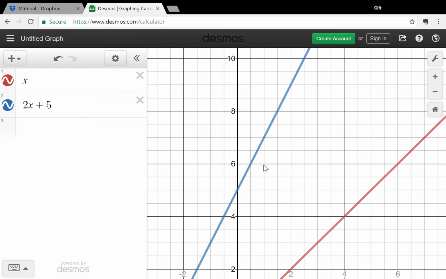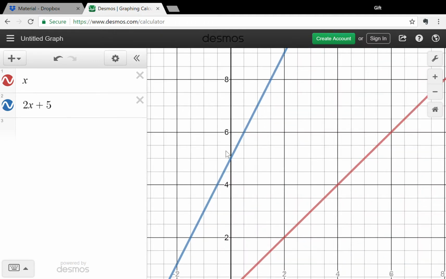You can kind of see that each time it goes up by 1, y goes up by 2. The number 5 tells you the y-intercept. That's where my graph intersects the y-axis. And again, you can see that for all the points on this line, if you multiply your x value by 2 and add 5, you'll get the y value.